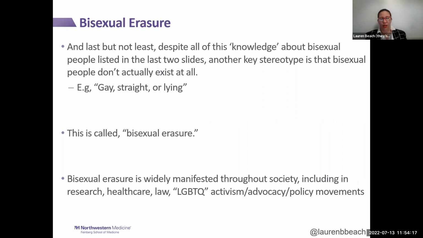That headline directly pulls on this biphobic idea that bisexual people are liars. Overall, though, this idea that bi people don't really exist is called bisexual erasure. And bisexual erasure is widely manifested throughout society, including within research contexts, healthcare, law, and even in LGBTQ policy and activism and social grassroots community organizing movements.